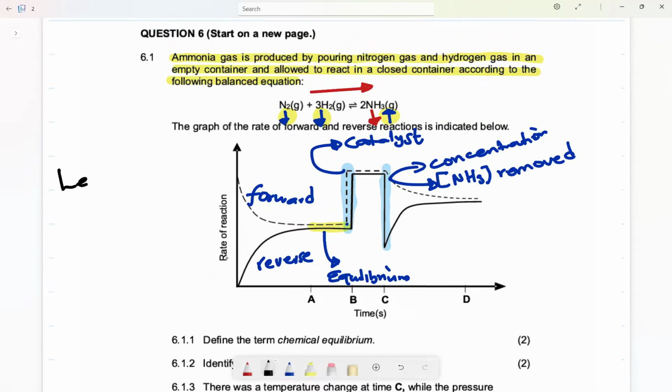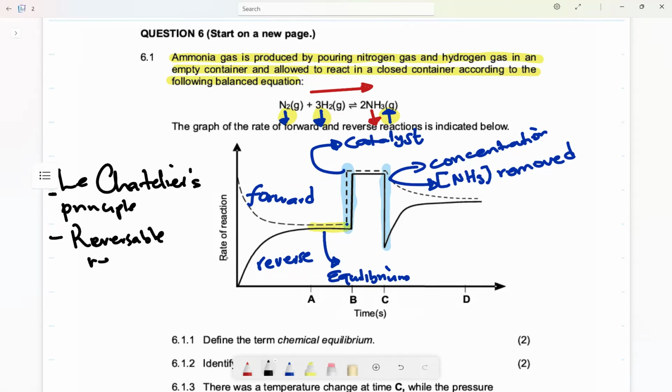First one, Le Chatelier's principle. Okay, I hope I spelled the name of that scientist correctly. The other one is reversible reaction.